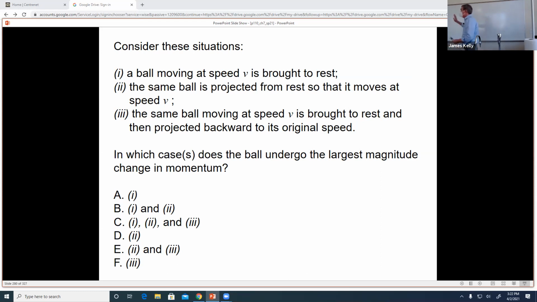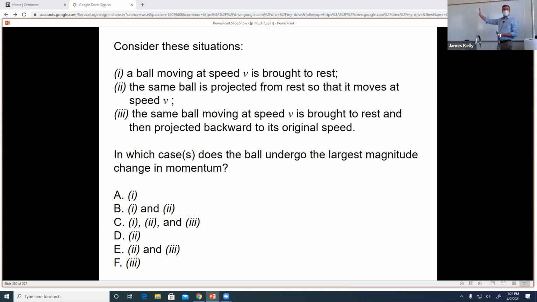One way to think of it is with the impulse momentum theorem, right? If the ball is coming to rest and I'm pushing, let's suppose it's in outer space, there's a little rock coming towards me and I apply this force to it in that direction. What's the direction of the impulse I'm applying to the rock while I'm bringing it to rest? It's in the direction I'm pushing, right?